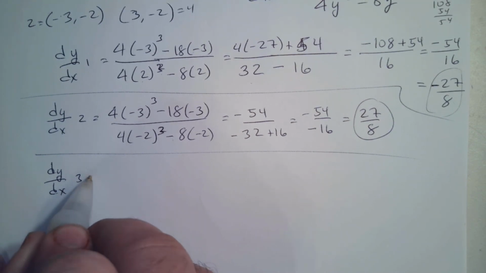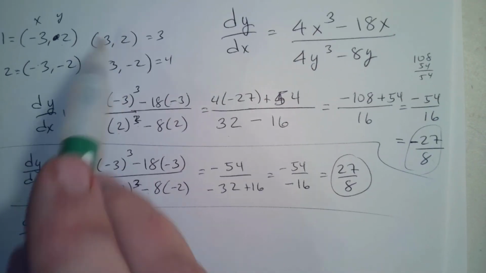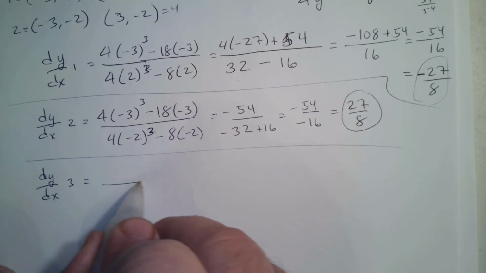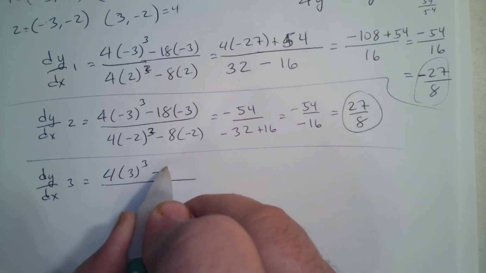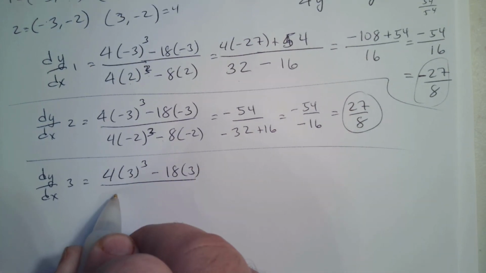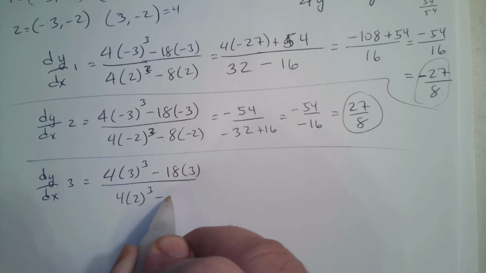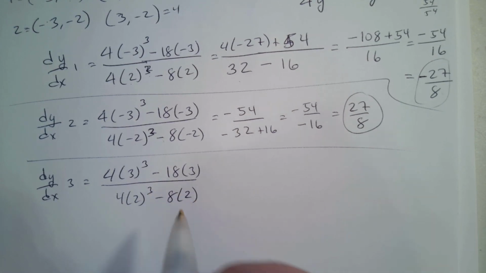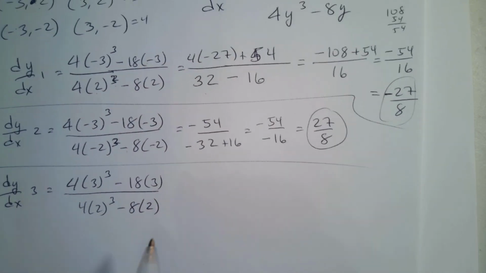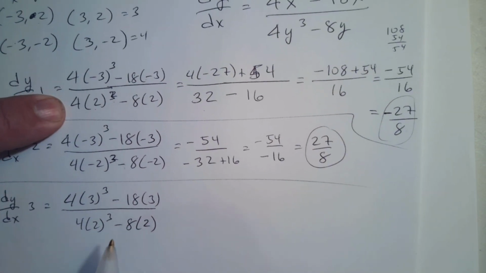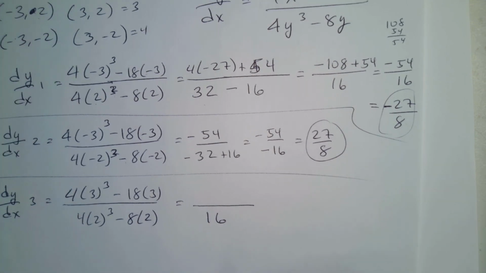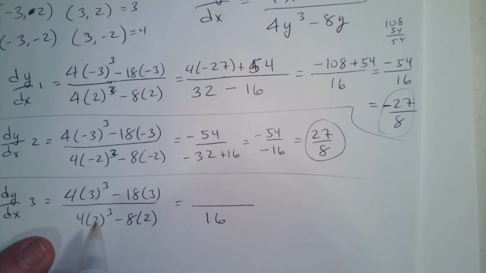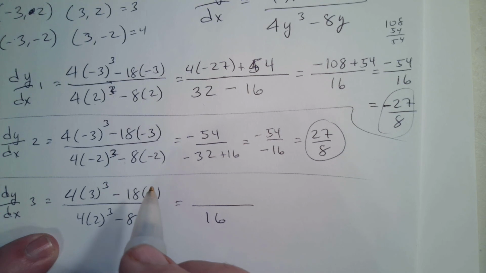dy/dx 3. This one's at 3, 2. 4 times 3 cubed minus 18 times 3, over 4 times 2 cubed minus 8 times 2. Well, this one's the same as that one up top, so the bottom is going to be 16. 3 cubed is 27.